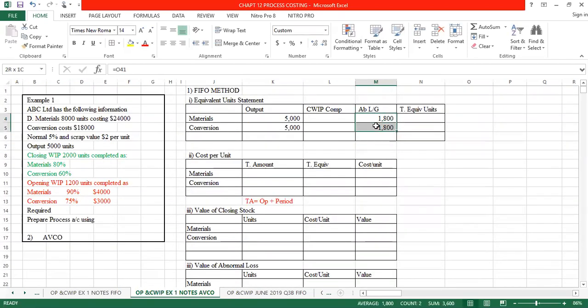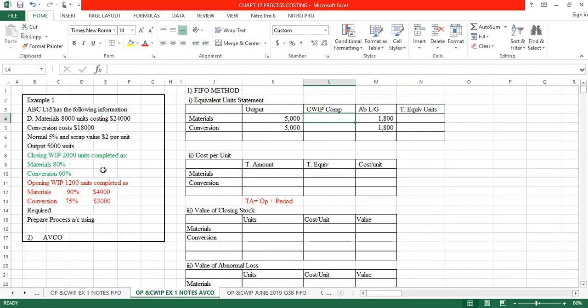Sometimes you are told abnormal loss is 80% for materials. If you have been given, use the percentages. If you have not been given, assume it is 100%. I'm repeating: sometimes the examiner adds a percentage of abnormal loss. If you have been given a percentage, you use it. If you have not been given, you don't.